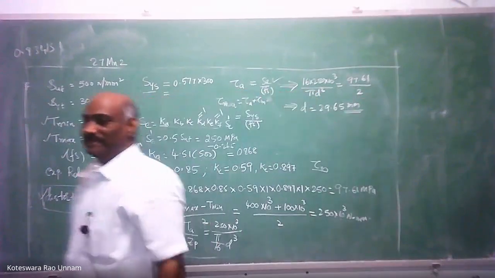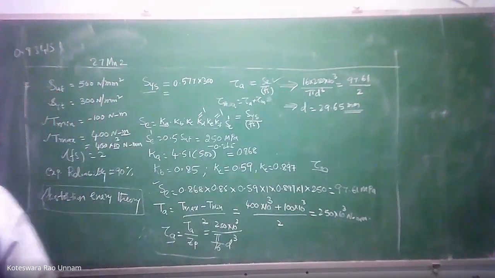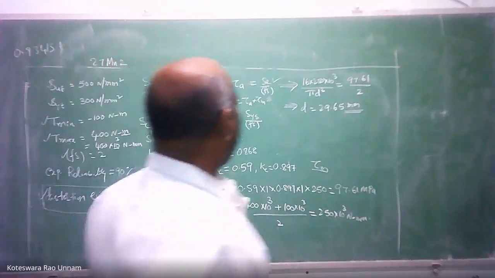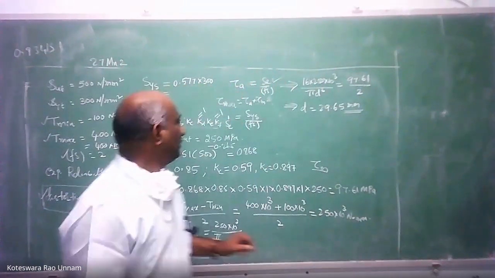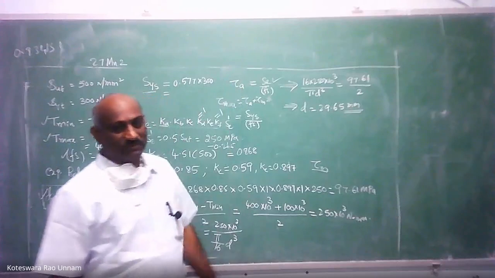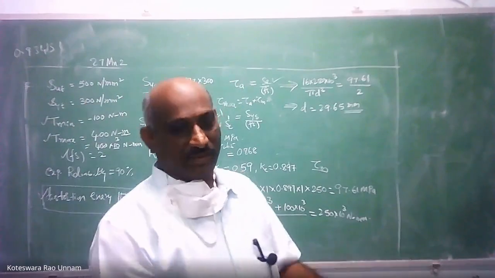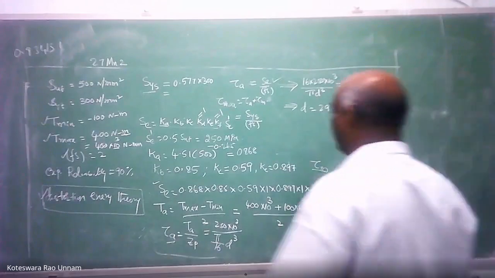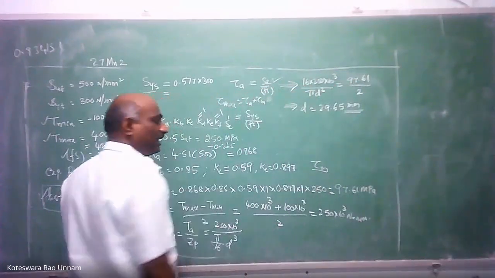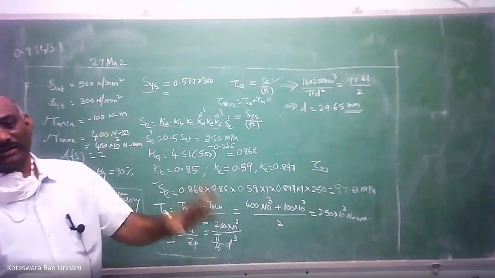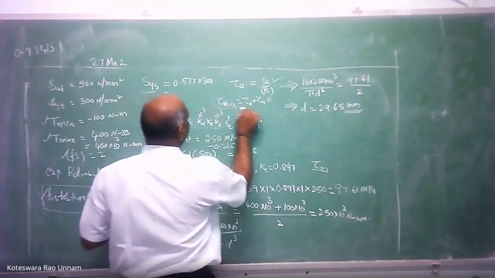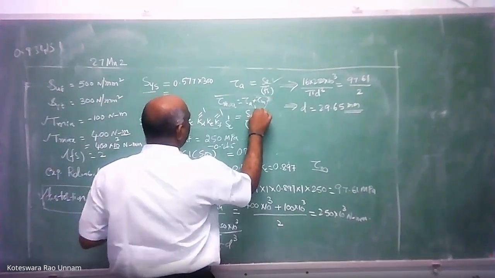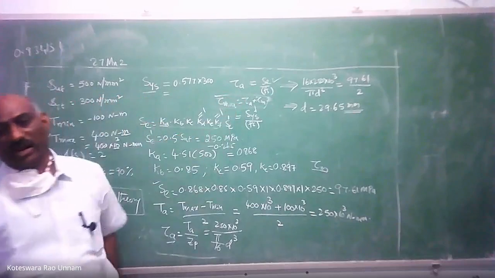But the problem is not completed. Why is it not completed? Because I checked only for fatigue failure. I haven't checked whether yielding is taking place or not. To find that, I need to compute tau max, the second equation that I wrote here, so I need to consider this one also.